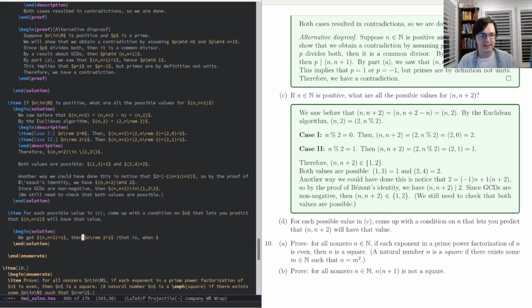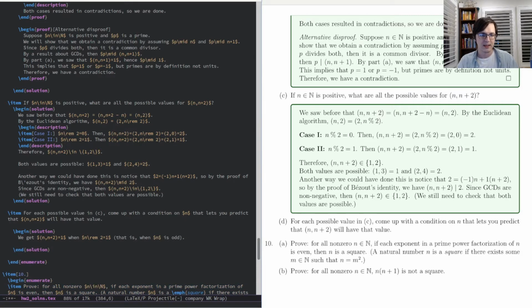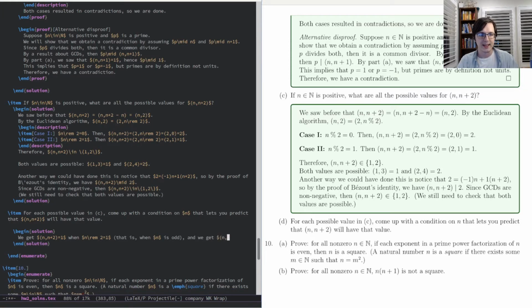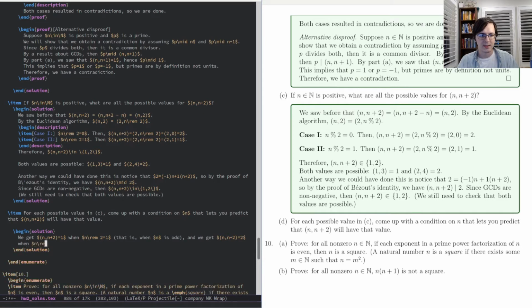So we get this when n mod 2 is 1. That is when n is odd. And we get the GCD is 2 when n remainder 2 is 0. That is when n is even.